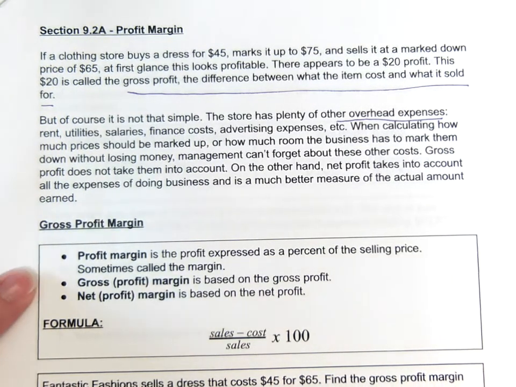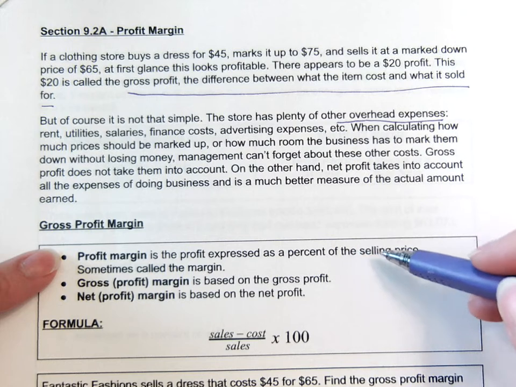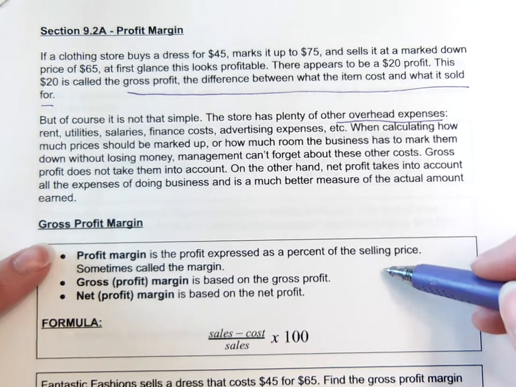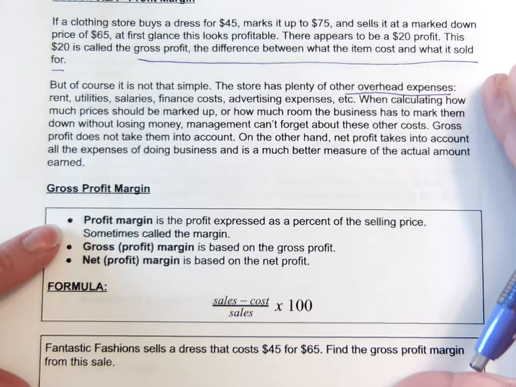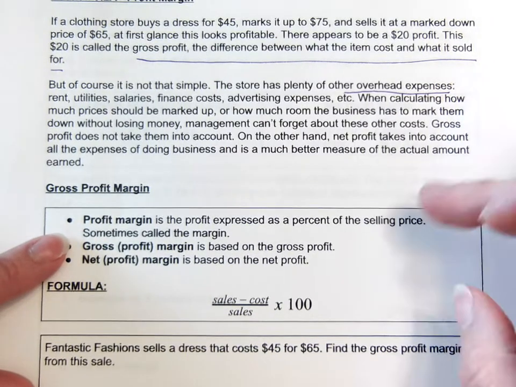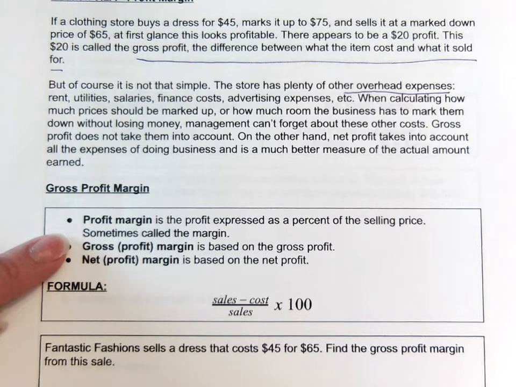So, some more specific definitions. Profit margin is the profit expressed as a percent of the selling price, sometimes just called the margin. The gross profit margin is based on the gross profit before expenses.